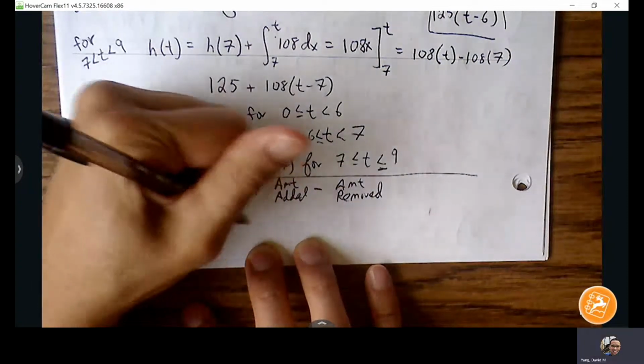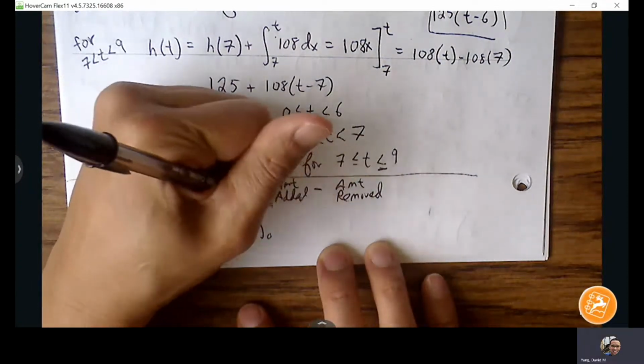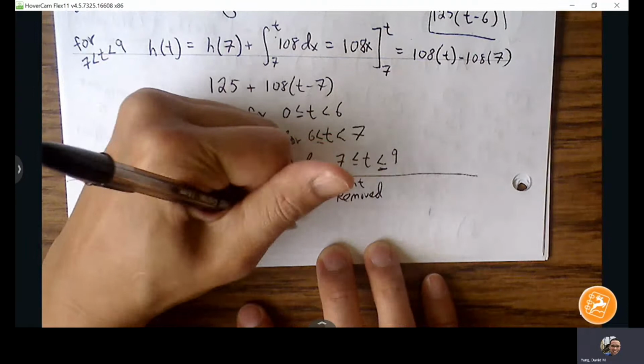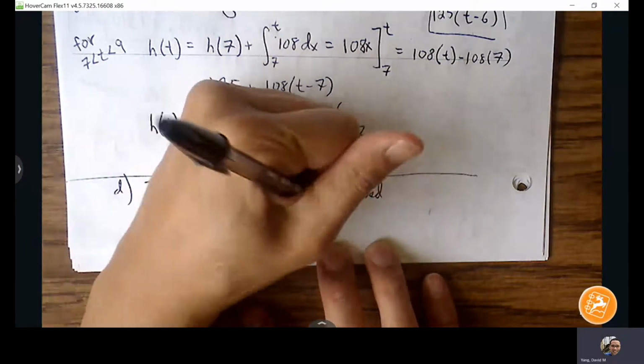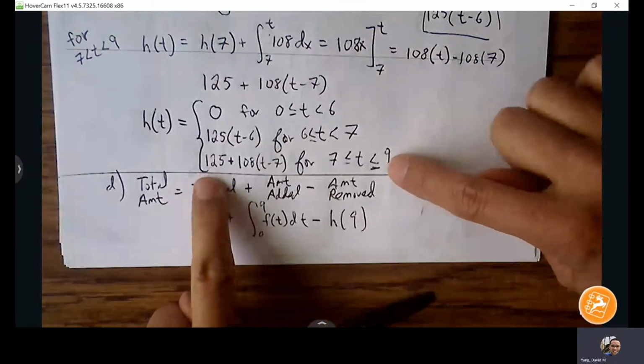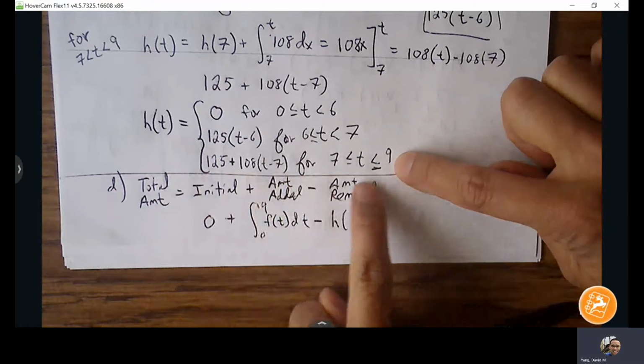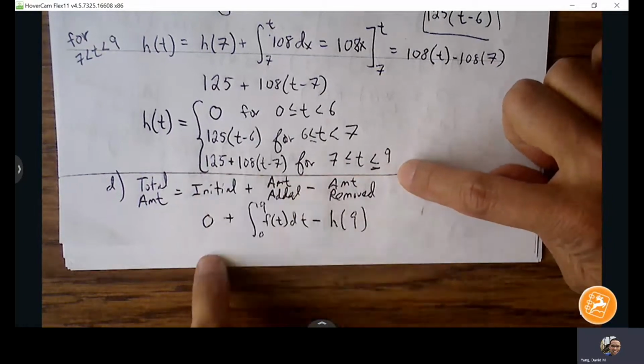Initial is 0. The amount added is the integral from 0 to 9 of f of t. And the amount removed is just h of 9. And for h of 9, we've already built the equation to figure out exactly what she's able to accomplish.